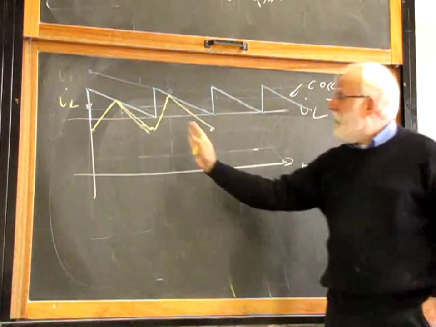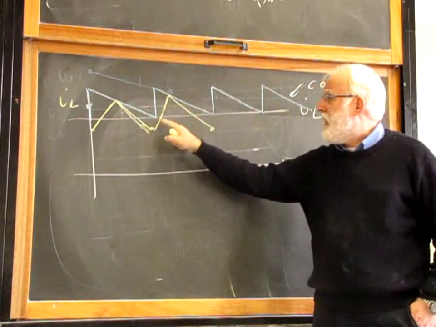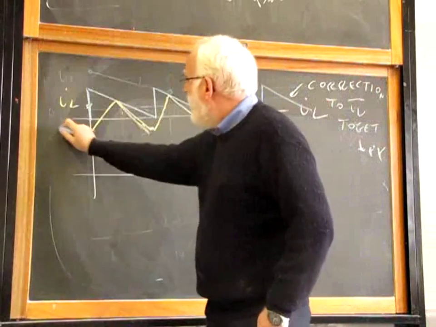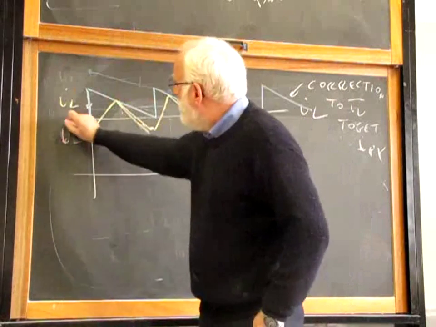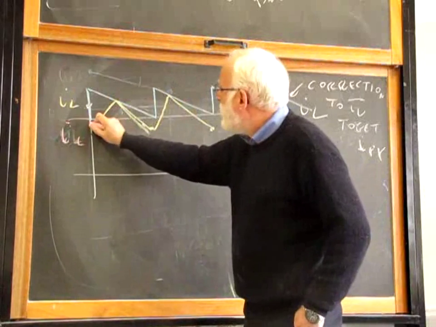This is with a very small duty cycle, because we have a high slope, high input voltage. Another possible IL, let's suppose with a longer duty cycle, will be something like this, for example.